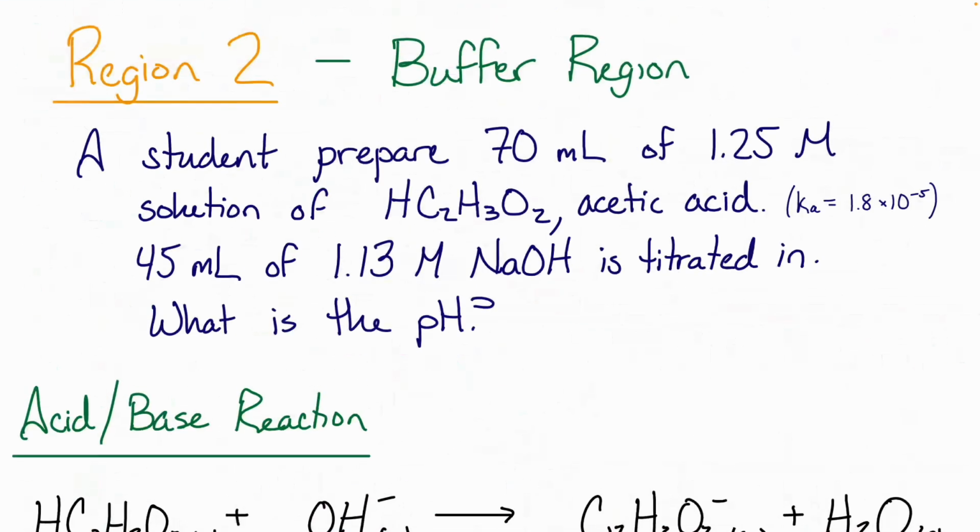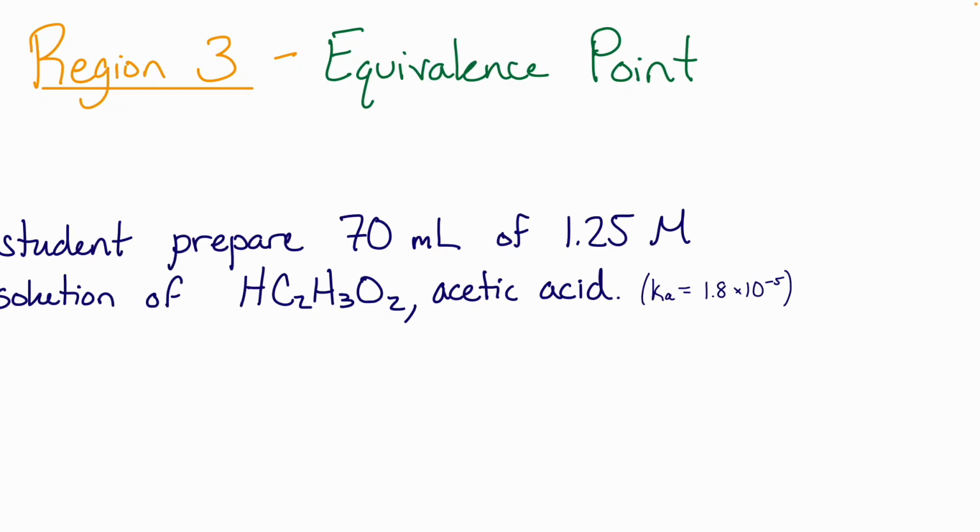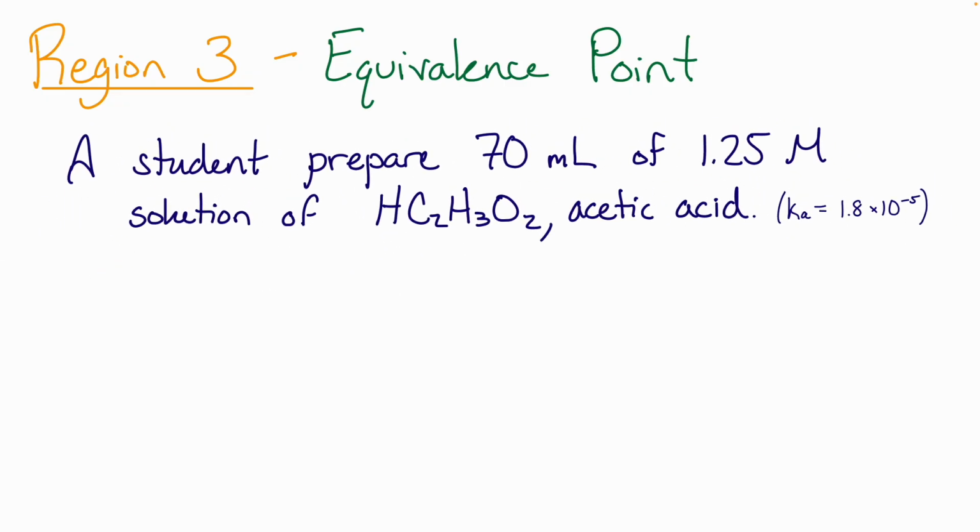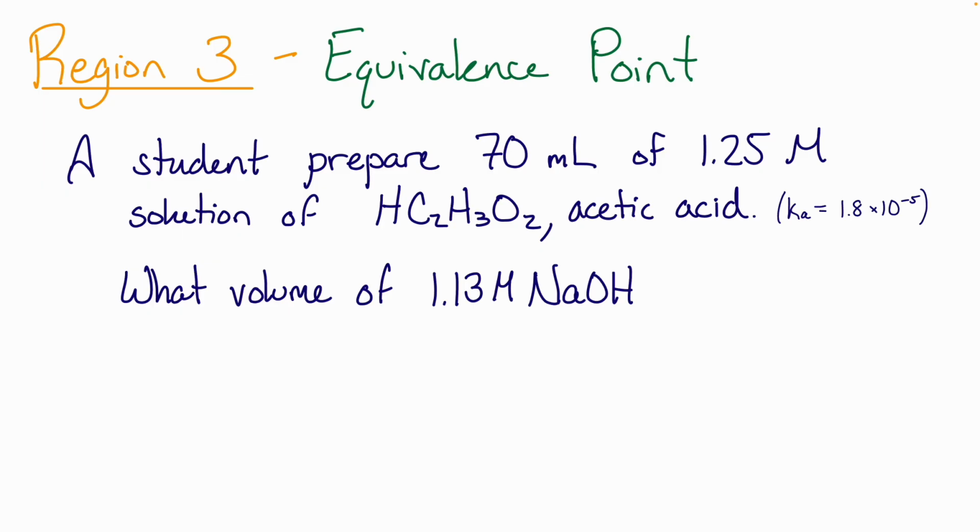Okay, we're going to stay with that same solution, our solution of 70 milliliters of 1.25 molar acetic acid. But now I want to know what volume of NaOH, specifically that 1.13 molar NaOH, was added to reach our equivalence point.